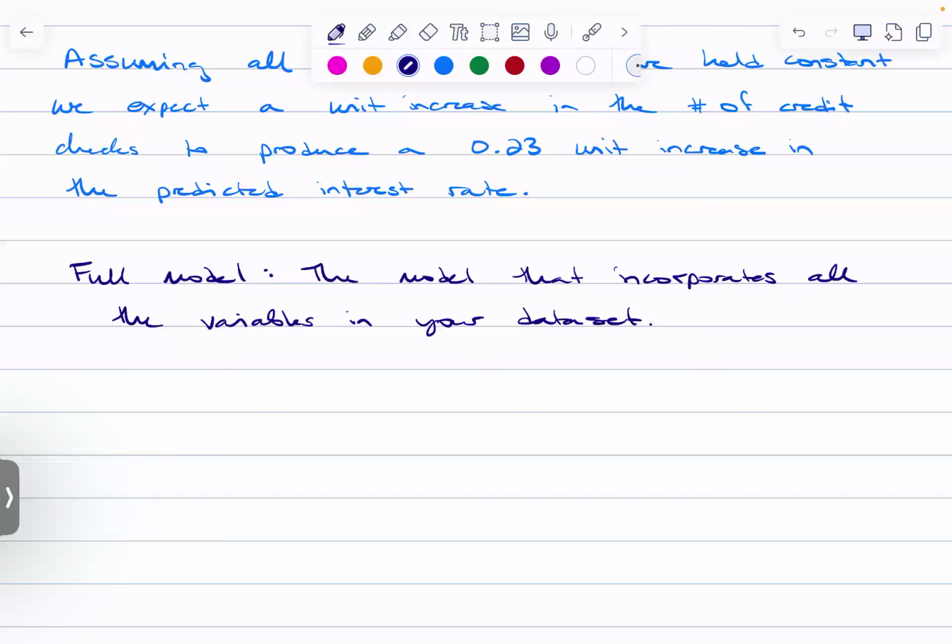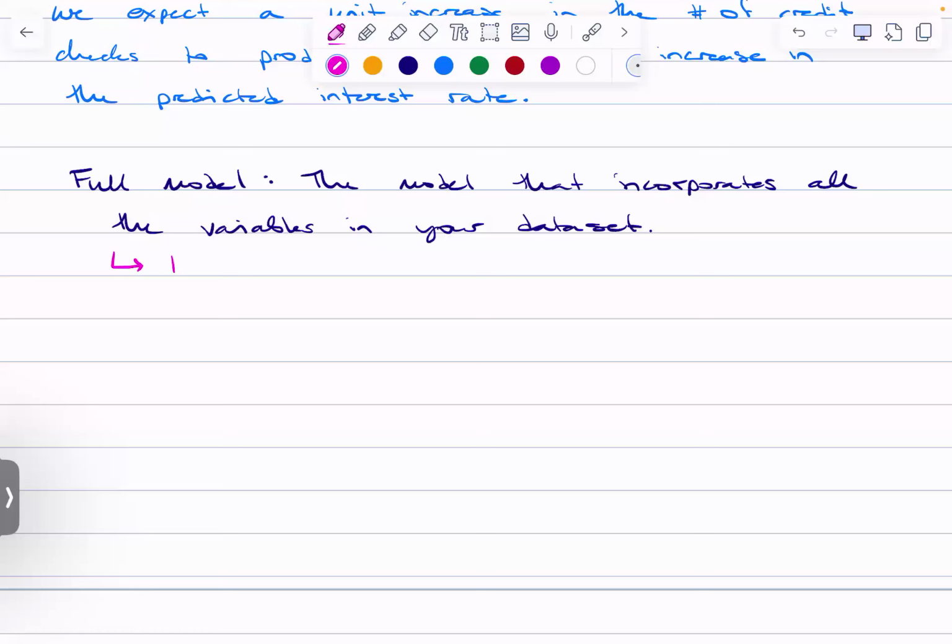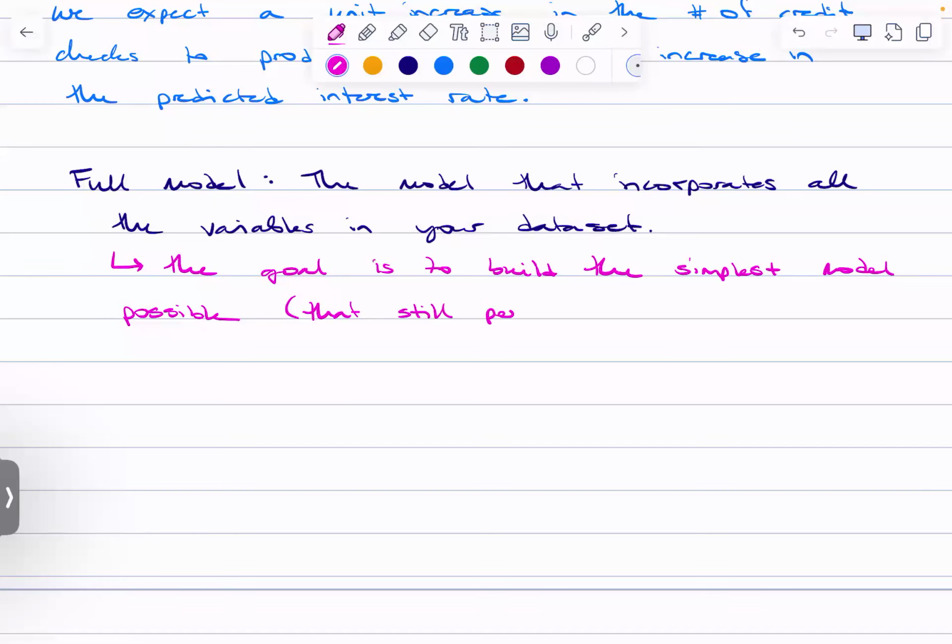And so to do that, you want to have as simple of a model as possible. So the goal is to build the simplest model possible that still performs well.